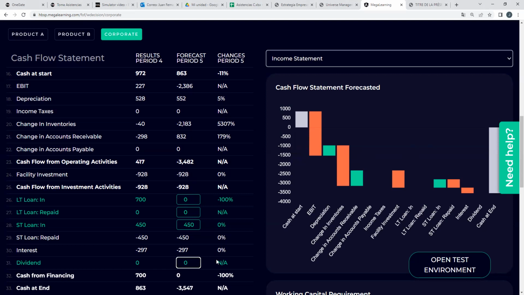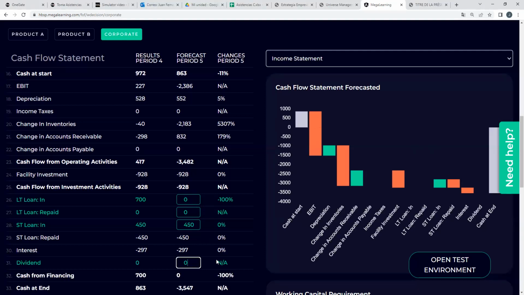The meaning of the dividend is that through the dividend you can distribute the profits of the company to the investors. But if we don't have profits, and instead we have losses, we cannot pay anything. So the decisions that we can take right now are related to the debt.